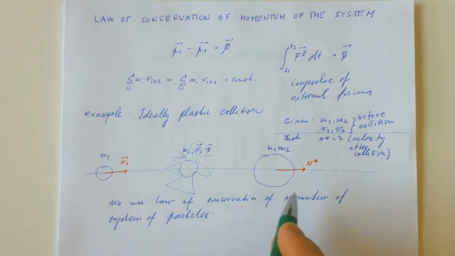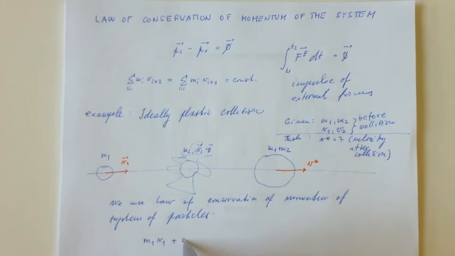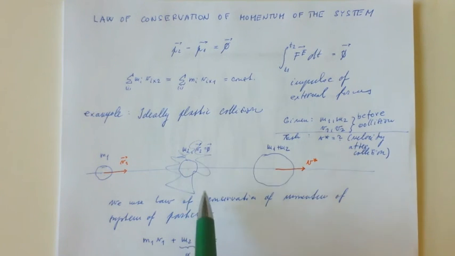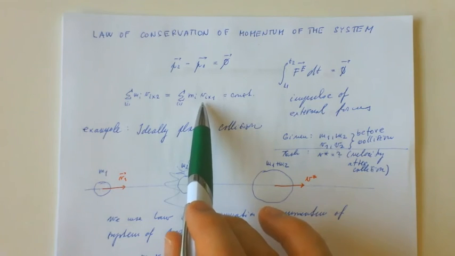Okay, so we can write the equation. On the left side there is the initial state, the total momentum of the system before collision, so m1 v1 plus m2 v2, but v2 is equal to 0, so this multiplication is equal to 0, and it is equal to the state after collision.